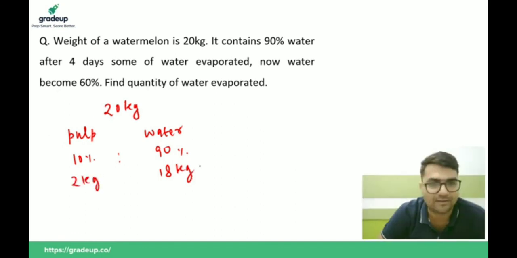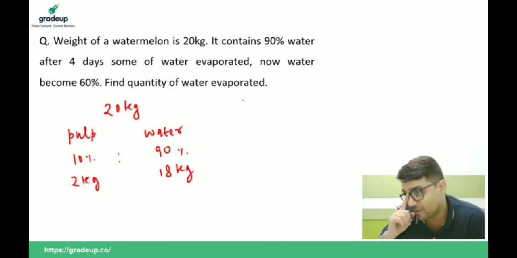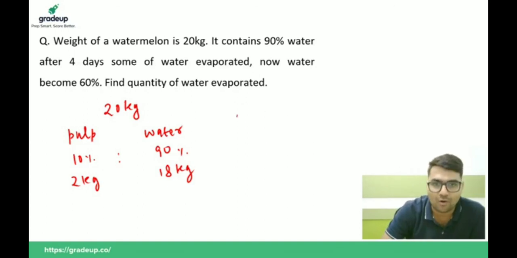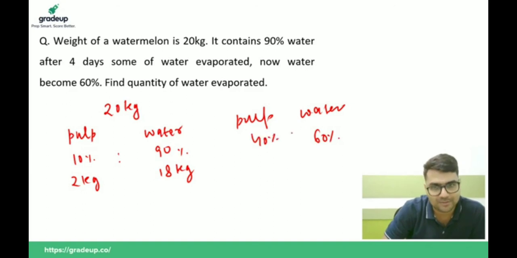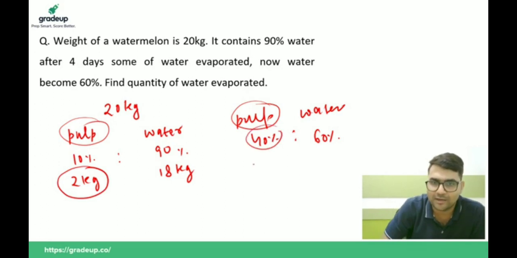On your demand I am doing it by the other method, but please don't do it by this method in your exam. Always do this question by the ratio method. Okay, now the water is 60% and pulp is 40%. Always remember pulp is the same.